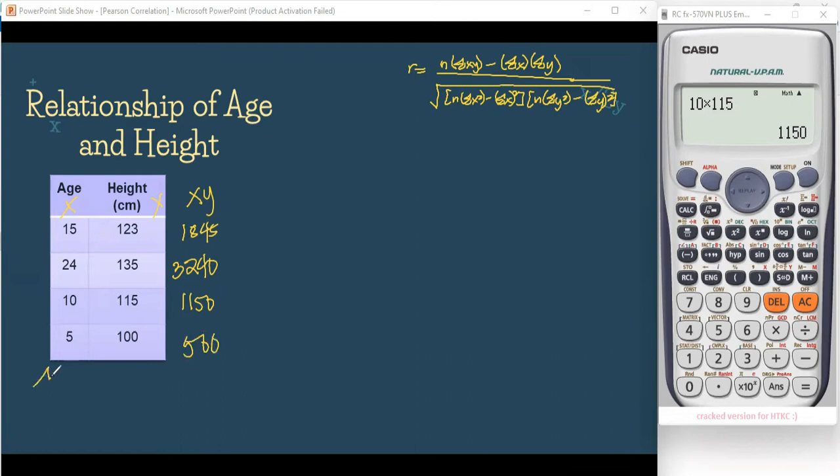Now, my dear students, let's find the value of summation of x. So 15 plus 24 plus 10 plus 5, that is equal to 54.